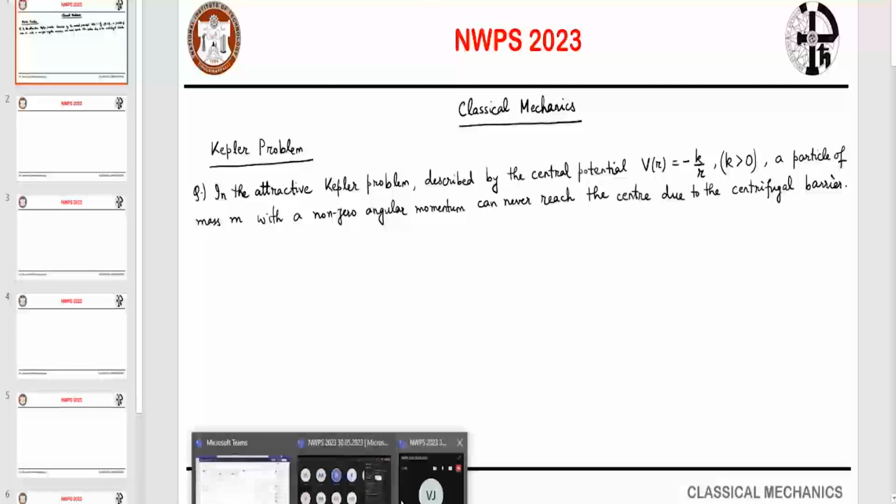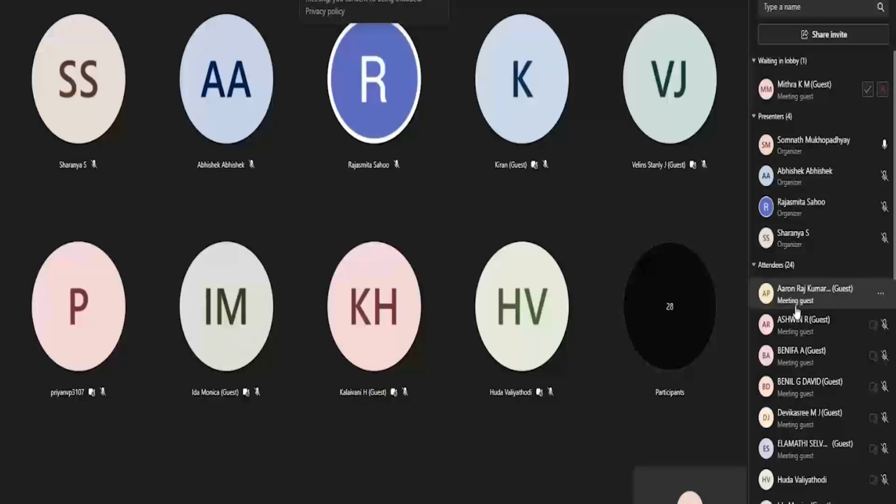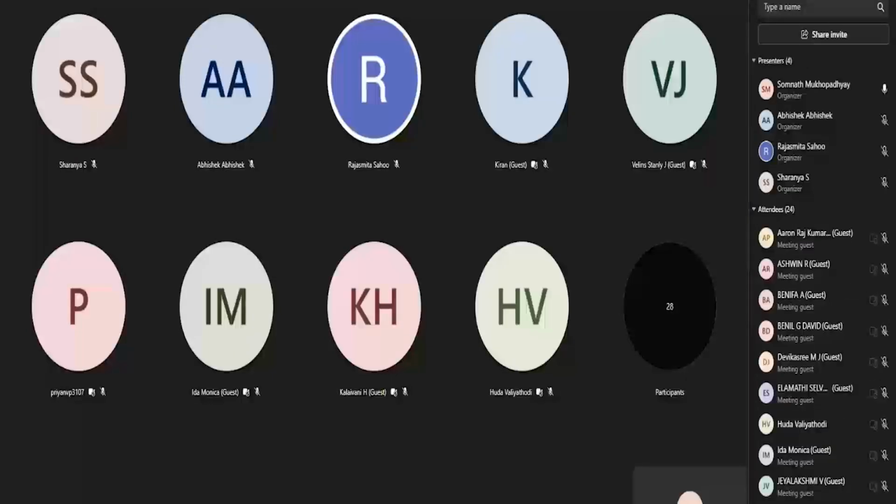Everybody has done the Kepler problem, right? So what is the value of the centrifugal potential in terms of L, the angular momentum?